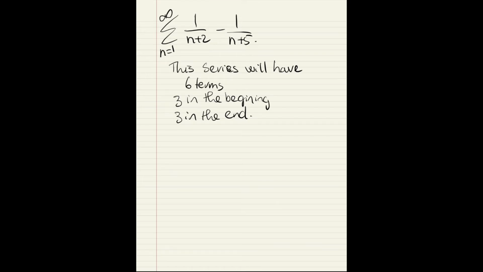And here I can show you the magic of math. How can I know that this is 6 terms, and 3 in the beginning and 3 in the end? You can see the values of n plus 2 and n plus 5. It's just 3 values different, right? When you have 3 values, you just times it by 2.